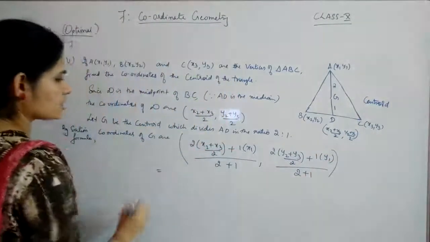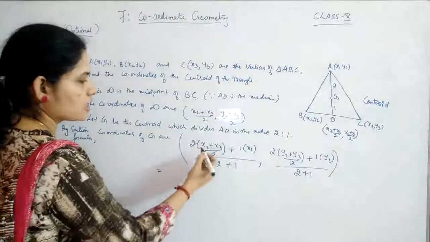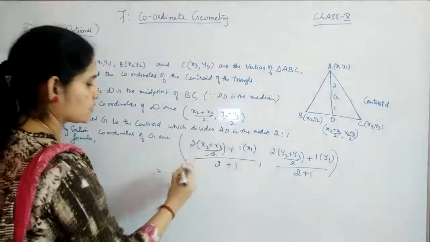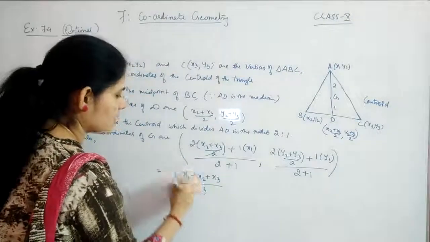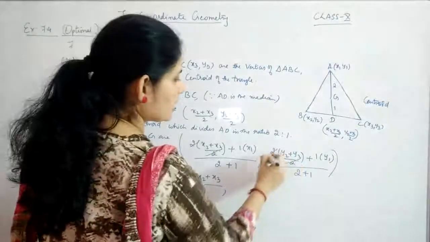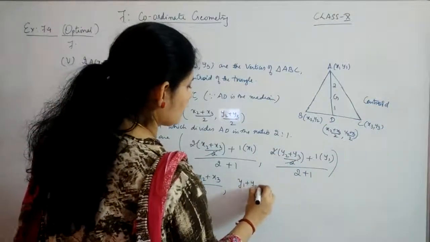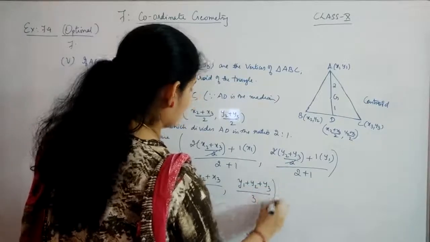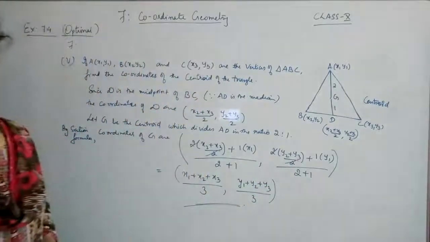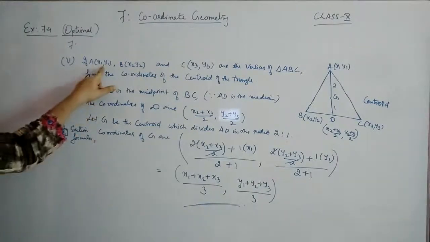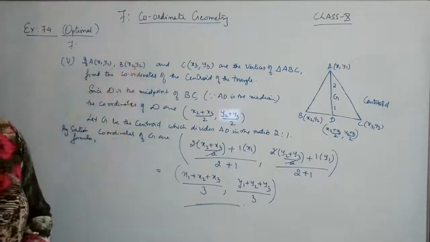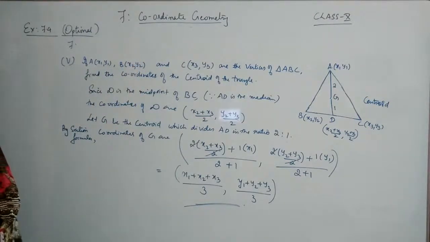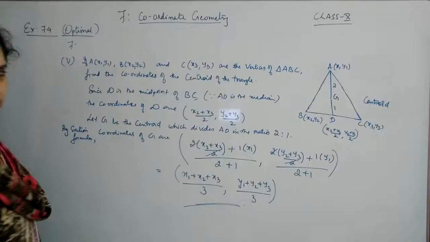Here the 2 can be cancelled. You will get x2 plus x3 plus 1 into x1, which is x1. So you can write (x1 plus x2 plus x3)/3 comma, here again the 2 gets cancelled and you will get (y1 plus y2 plus y3)/3. So this is the coordinate of the centroid if the vertices of the triangle are (x1, y1), (x2, y2) and (x3, y3). (x1 + x2 + x3)/3, (y1 + y2 + y3)/3 will be the coordinates of G. Clear?